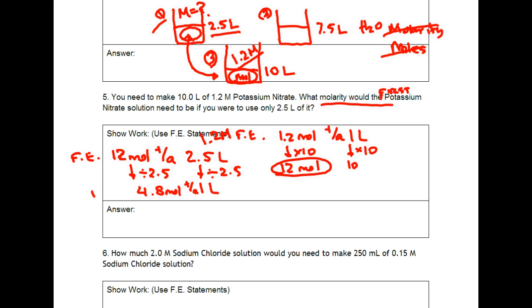When we have a for every statement that ends in per 1 liter, what we have for the moles is actually the molarity itself. So this is the concentration, or molarity, of that first solution that we used 2.5 liters of to make this final solution. So the answer is 4.8 molarity.